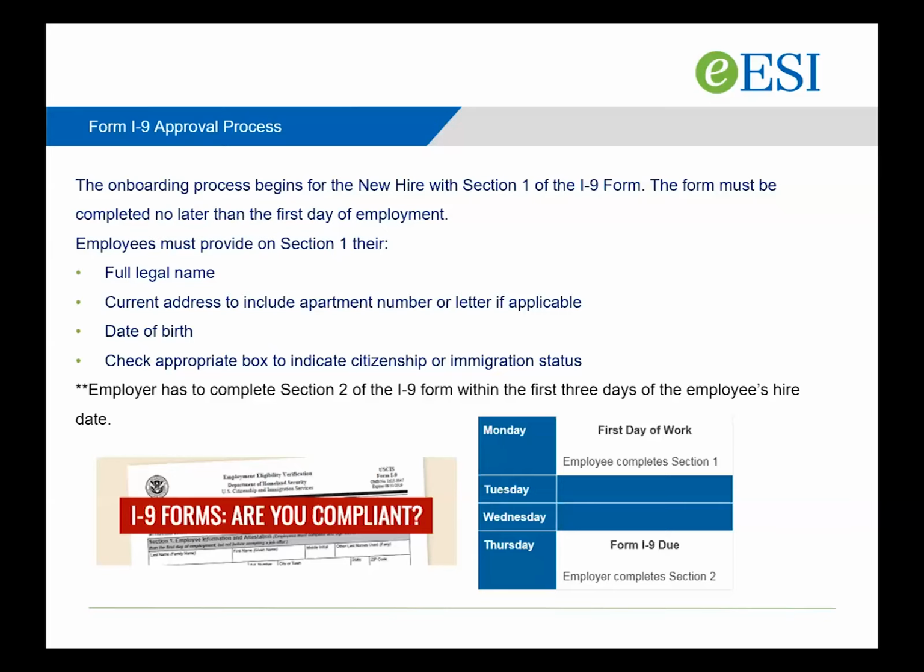On Section 1, there are a few things that the employee must provide: full legal name, current address to include street number, street name, apartment number, or letter if applicable, date of birth, and they'll need to check the appropriate box to indicate citizenship or immigration status.